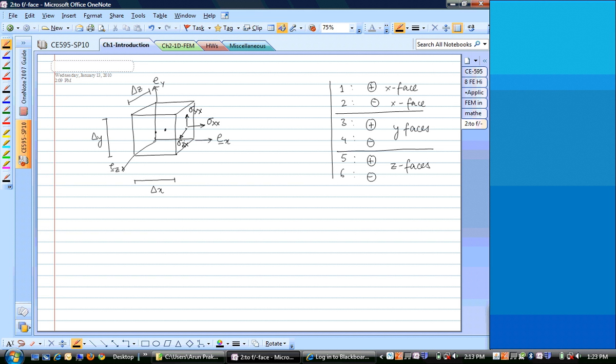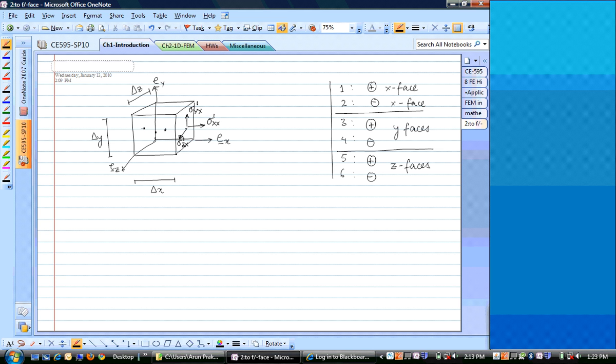And since these are tractions on the positive x face, face 1, I'm going to attach a superscript 1 to them. The same thing I'll do on the back face, which is face 2, the negative face.